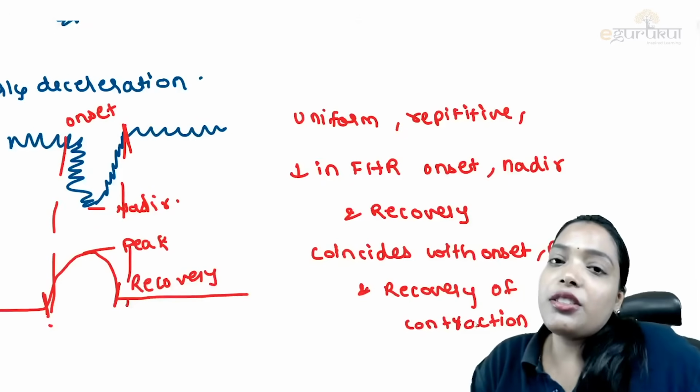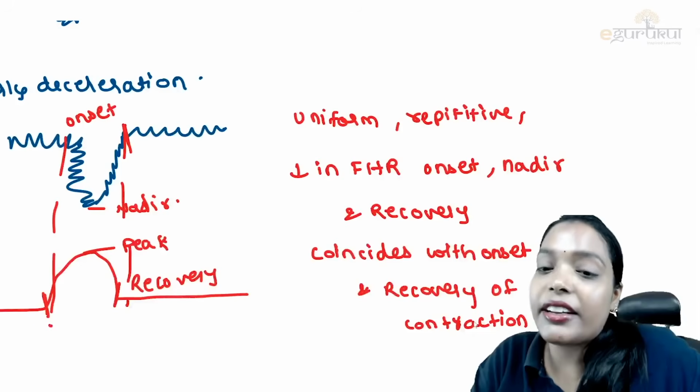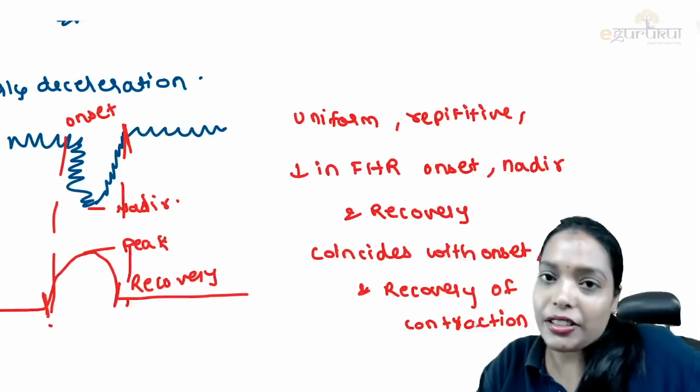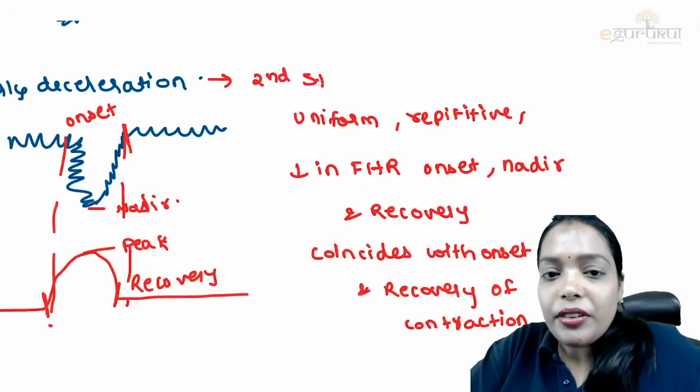So early deceleration is uniform and repetitive. There is decrease in the fetal heart rate, onset and nadir, and recovery coincides with the onset, peak, and recovery of a contraction. Okay. So early deceleration is seen in second stage of labor.